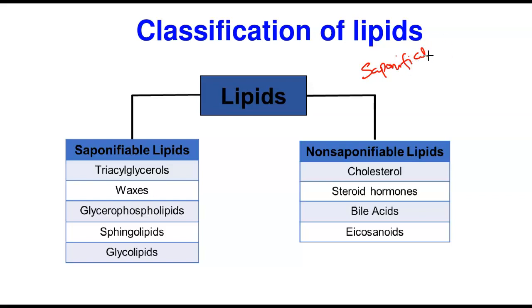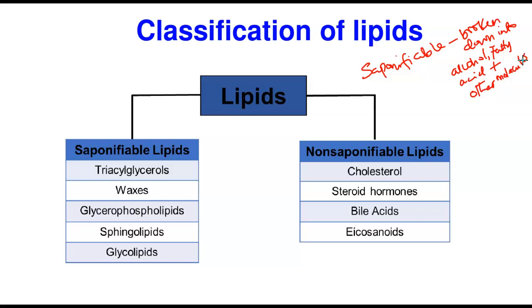A lipid that is saponifiable can be broken down into other component units, including alcohol, fatty acid, plus other molecules. You can break it down to these things.